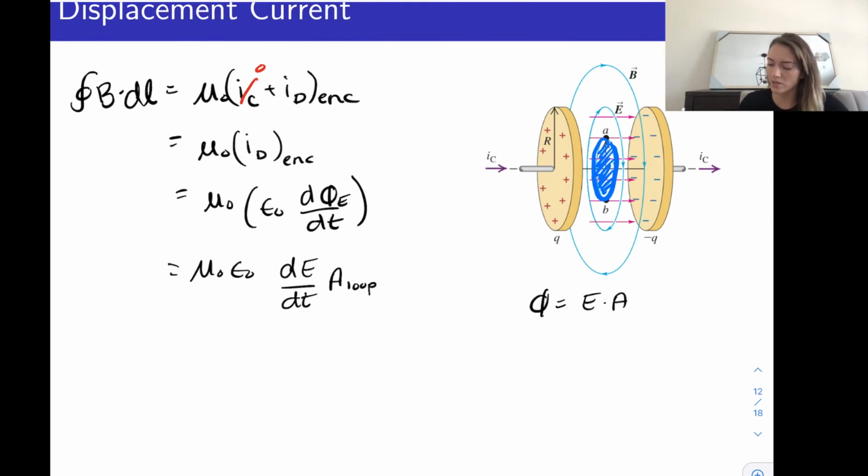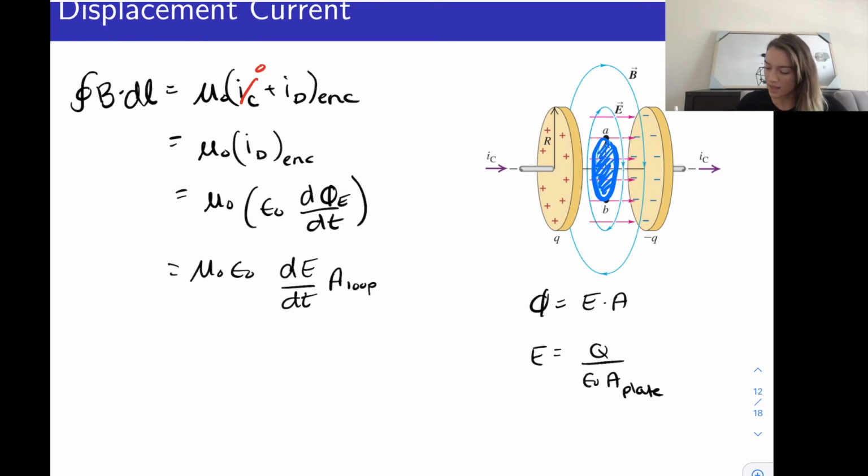But now how is my electric field changing? So let's first just write the electric field between these two plates. So that will just be the total charge on the plates divided by epsilon naught divided by the area. Now, this area is the area of the full plates, right?